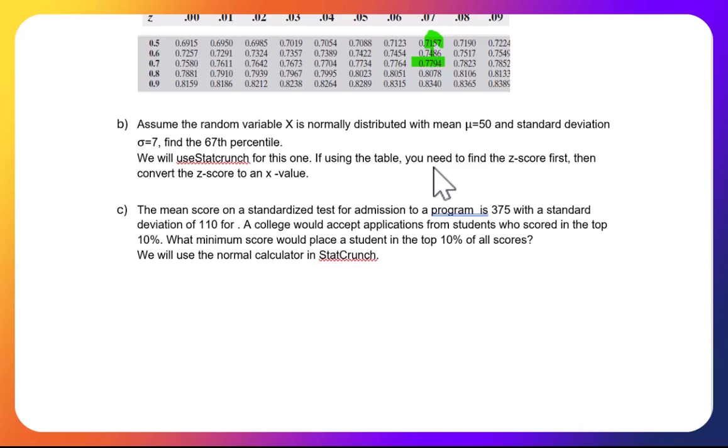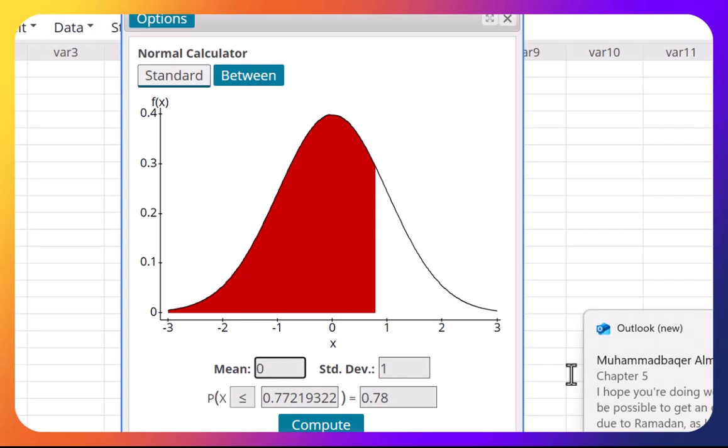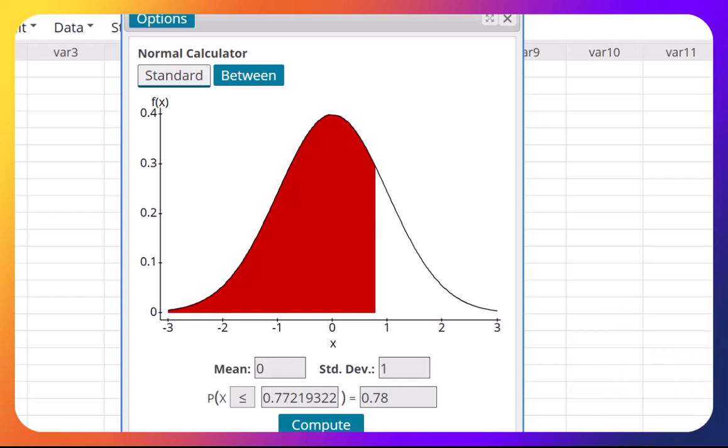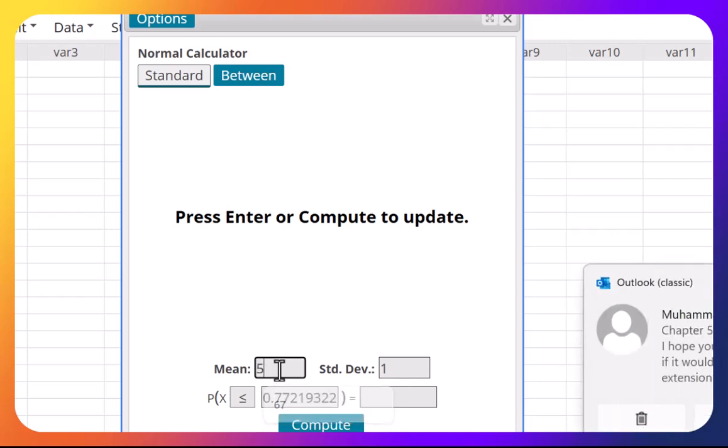Next question. Assume that the random variable x is normally distributed with a mean of 50 and a standard deviation of 7. What's the 67th percentile? I'm going to show you how we can use StatCrunch here. Watch. Just go to StatCrunch, change the mean. What was the mean? I forgot. Just one second. 50 and 7.